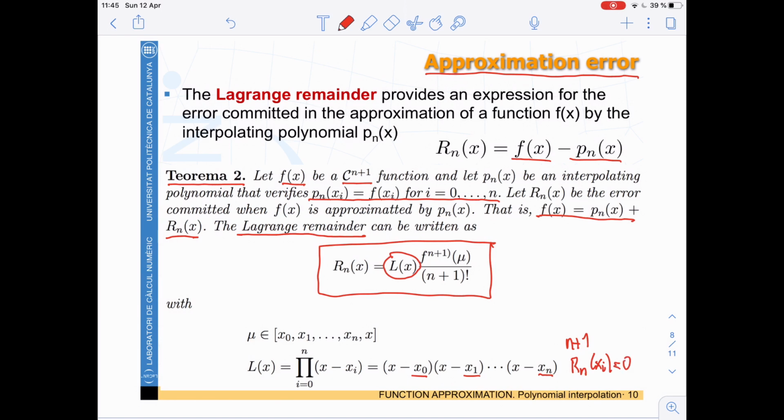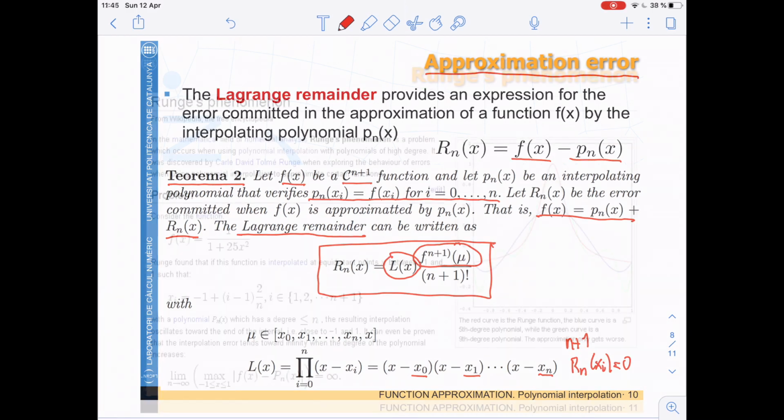And then we have here the derivative of order n plus 1 of f evaluated at some point mu that contains all the basis points and the point x where we are evaluating the remainder, over n plus 1 factorial.